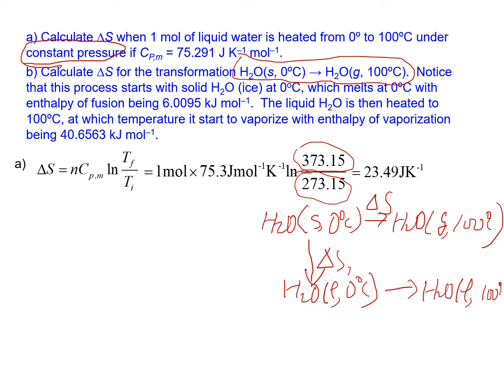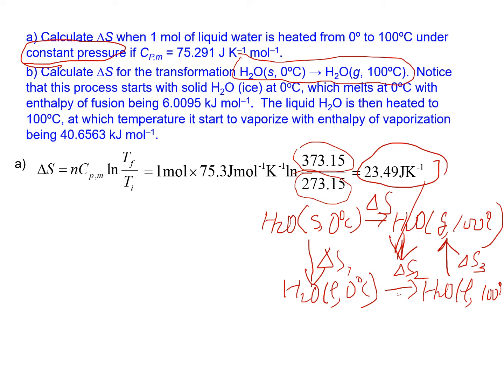And then the 100 degree liquid undergoes a phase transition to the gas phase. Now delta S2 is liquid heating under constant pressure, and this is the one already calculated. So this is the heating from 0 degree to 100 degree liquid water.